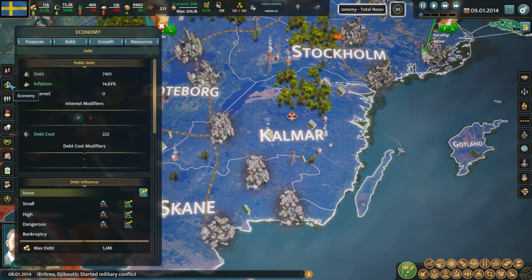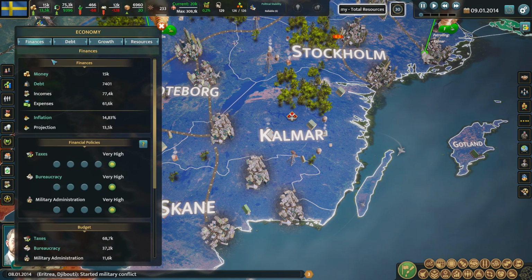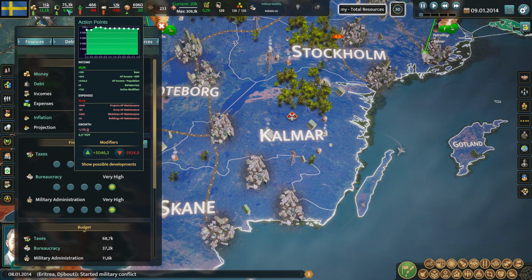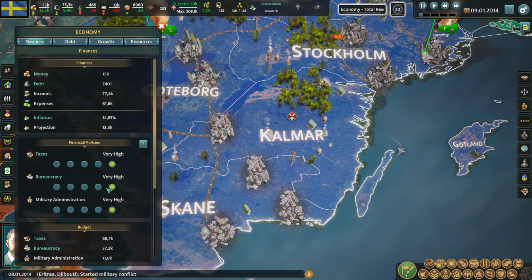So the economy window on the left bar is the main checkout. So here you will be setting your taxes by simply choosing one of the positions from the very low to the very high. You can adjust the bureaucracy, which will ensure that you have certain income of the action points, and then you have the military administration.